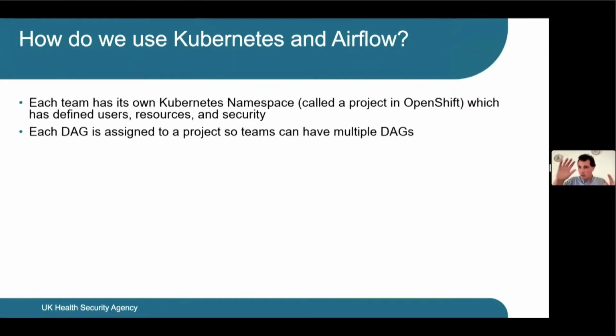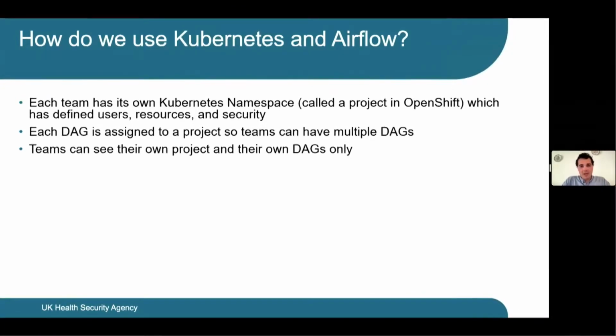So a team in their own project or namespace can have multiple DAGs, but each DAG only belongs to a certain team, and that's been remarkably helpful as well for making sure people aren't confused by which workload is failing, which one isn't, if it's theirs or not. And then teams therefore can only see their own project in OpenShift and their own DAGs in Airflow, which again helps keep things simple and secure.